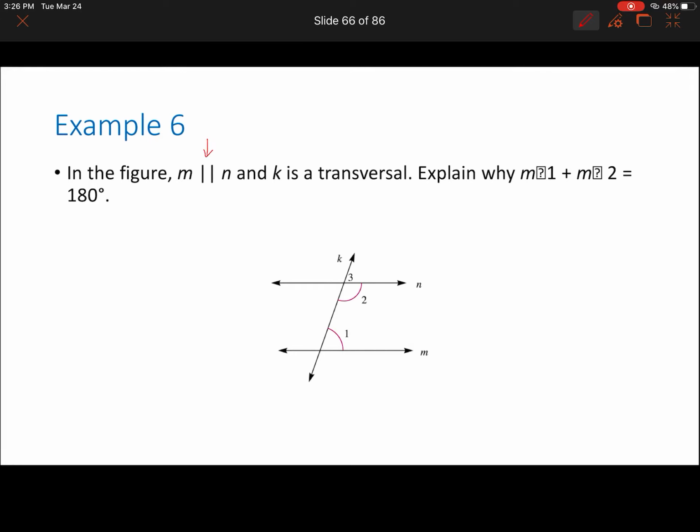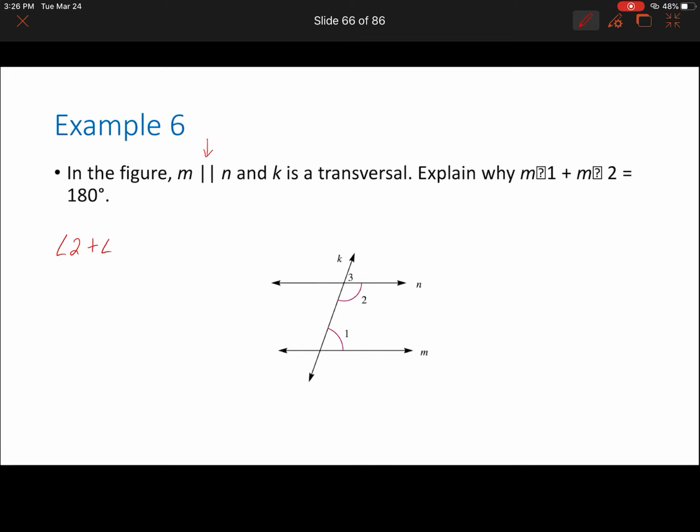And so the question is, explain why the measure of angle 1 plus the measure of angle 2 has to be 180 degrees. All right, so the measure of angle 1, the measure of angle 2, the ones that are marked, why are they equal to 180 degrees? Well, there can be a number of ways for us to figure this out.